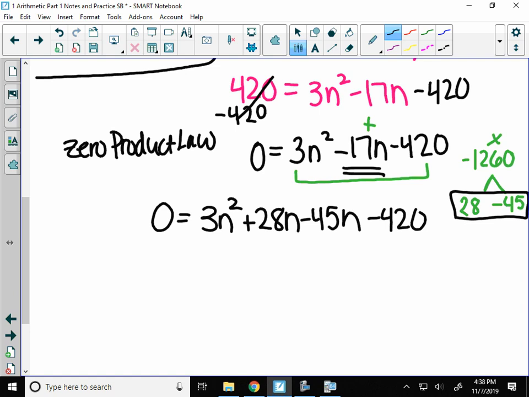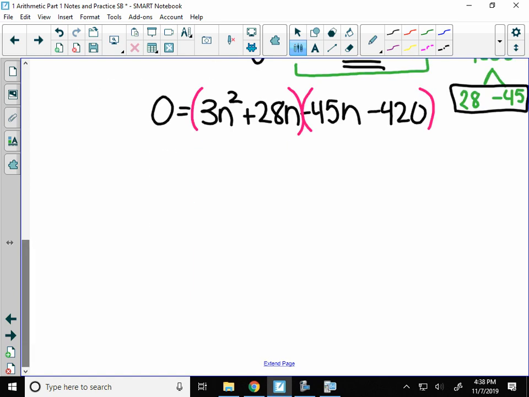And what you're going to do is factor by grouping. So I'm going to group the first two terms together and the last two terms. The GCF for that left group is an n only. So I have n times 3n plus 28. And the GCF for my right group is negative 15.